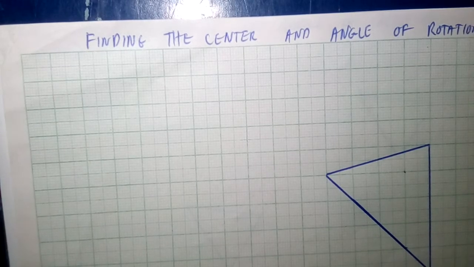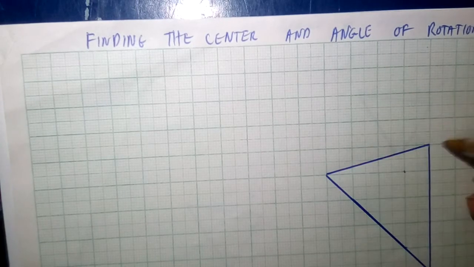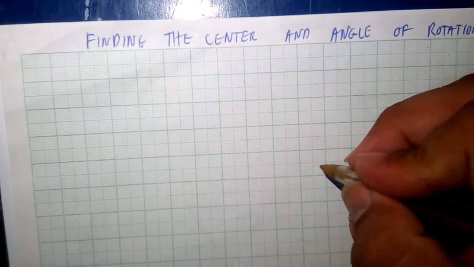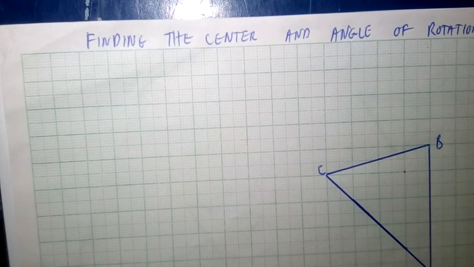And then we have the next connection of our points right here. So this is A, this is B, this is C, or A, B, C. It doesn't make any difference.